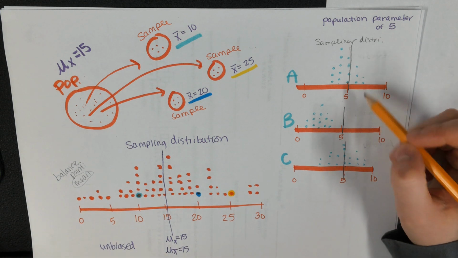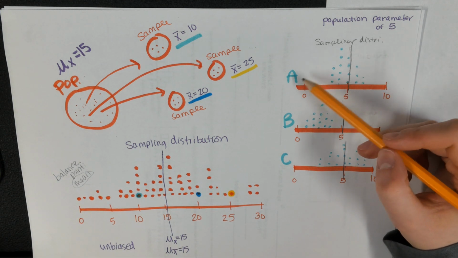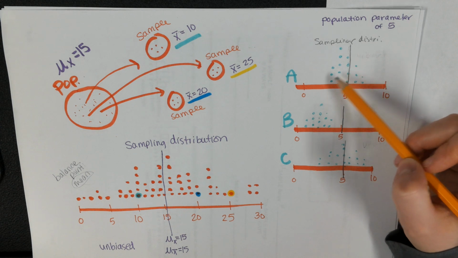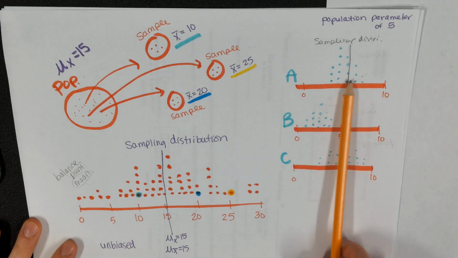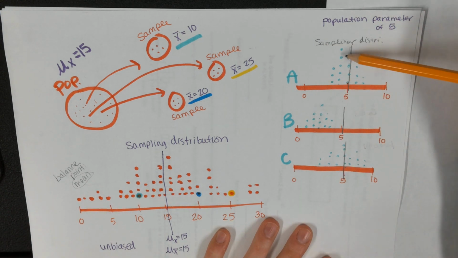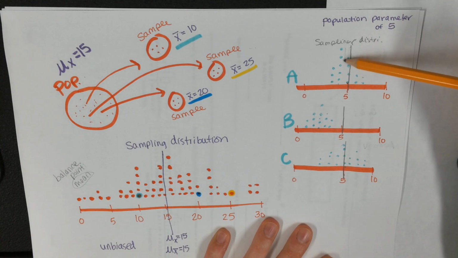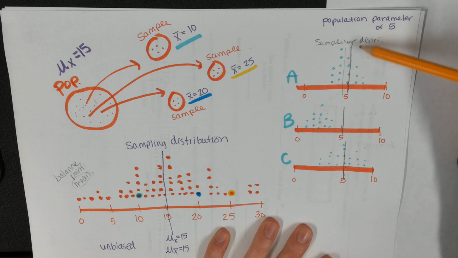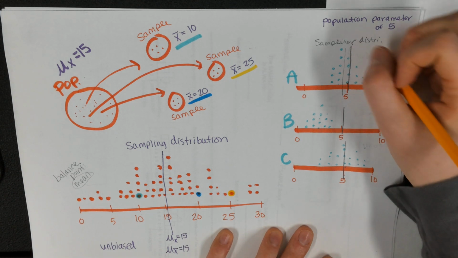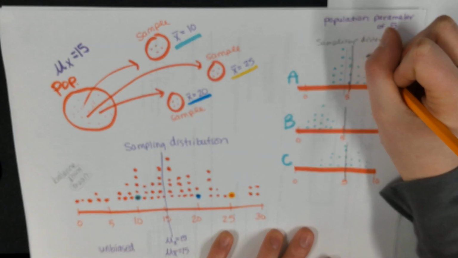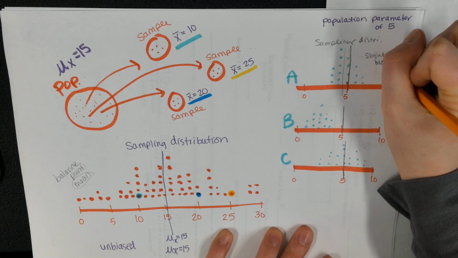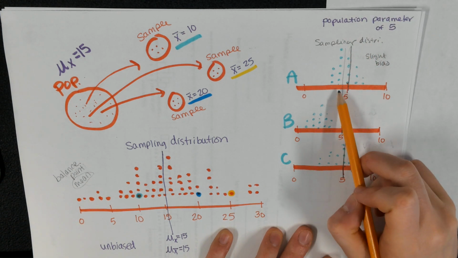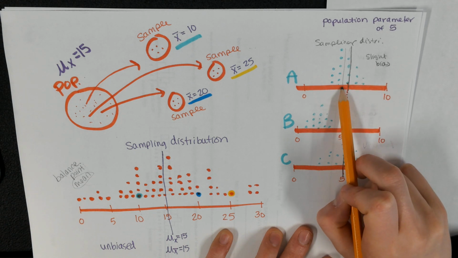So when I go to look at this, I now need to find, okay, where would be the balancing point of my sampling distribution. To me, it looks like my balancing point would be somewhere over here, because there's more on this side right now. It would be somewhere in here to balance this curve. So I would say that this one is slightly biased. So this has a slight bias on this one, because the mean of my sampling distribution is right here, right?